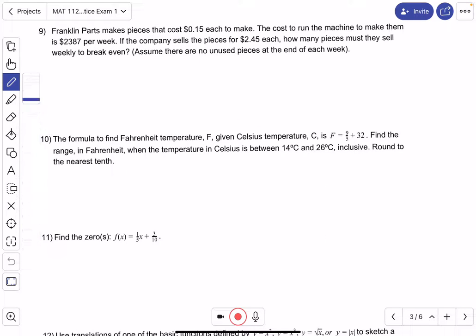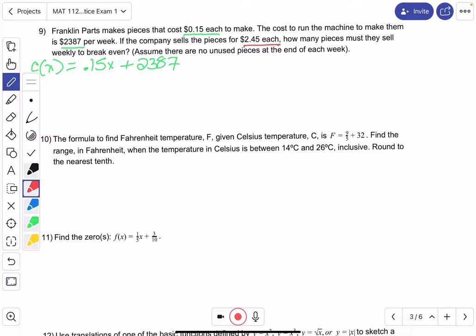Number 9, Franklin parts make pieces that cost 15 cents each, and the cost to run the machine is $2,387 per week. If they sell them for $2.45 each, how many pieces must they sell to break even? So it's a cost revenue problem. Well, it costs 15 cents per piece plus that $2,387.